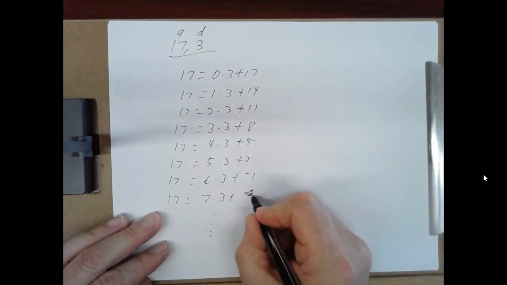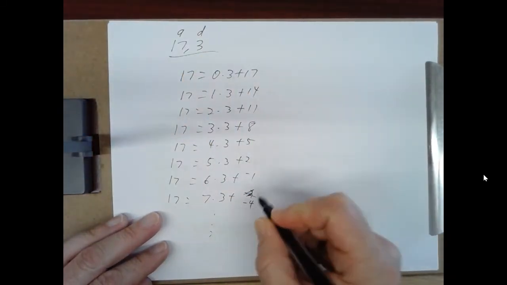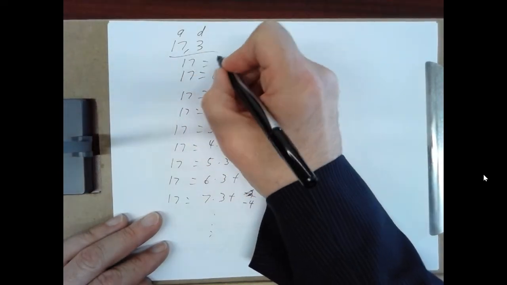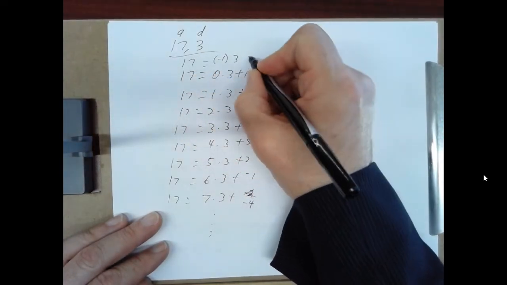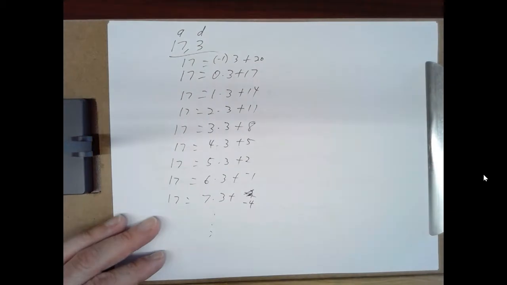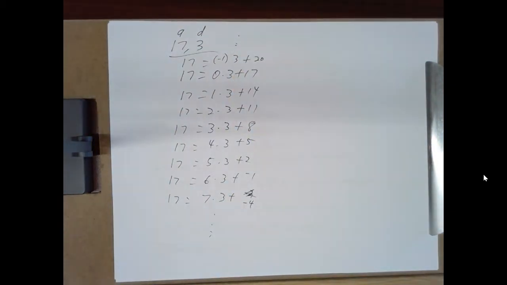It could also be negative 1 times 3 plus 20, and so on. So there's a lot of ways to write 17 as a multiple of 3 plus some remainder.